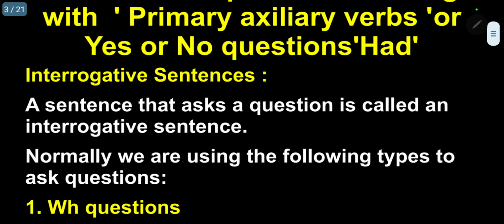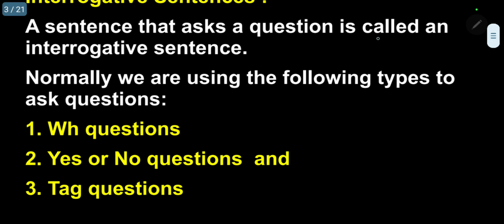Before that, let me give some introduction regarding what an interrogative sentence is. A sentence that asks a question is called an interrogative sentence. That means whenever you want to ask a question to any person, we call it interrogative.